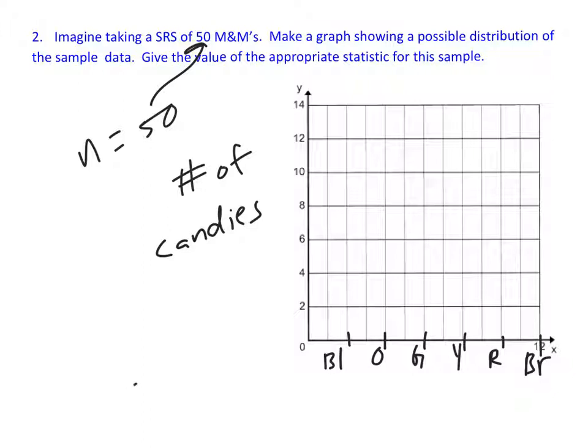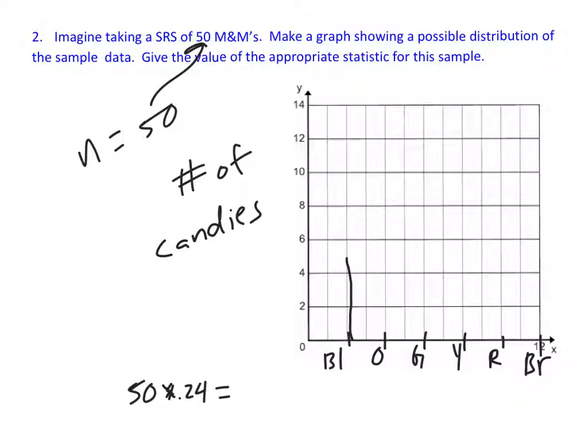So for blue, I'm actually just going to put in here what we would expect to see out of a sample of 50. So for blue, I would take 50 times 0.24, right? Because you're expecting to get about 24%. So that's kind of the number out of 50 that I would be looking for, which would be 12.